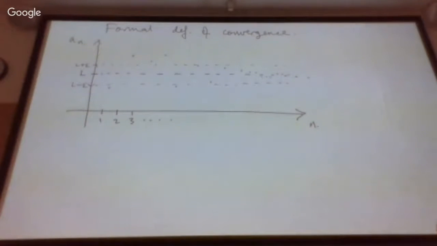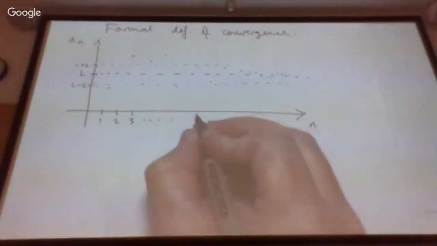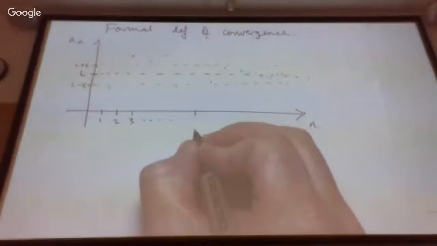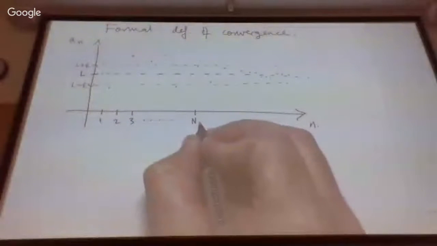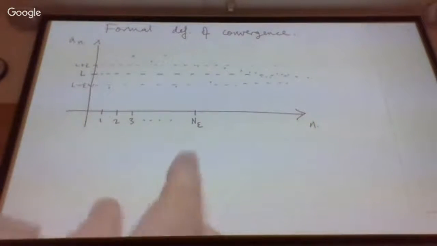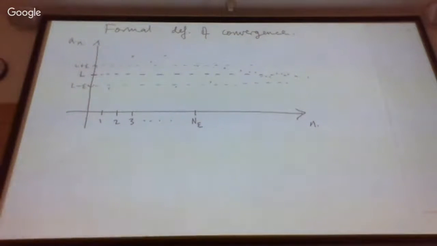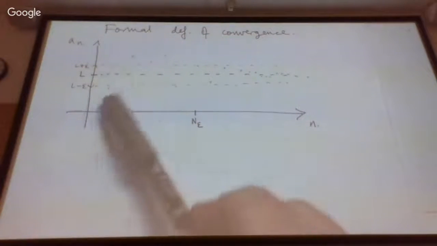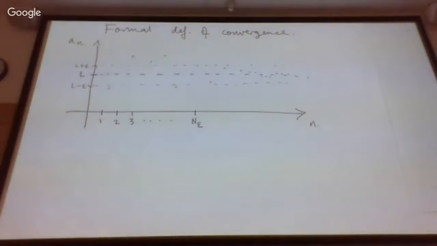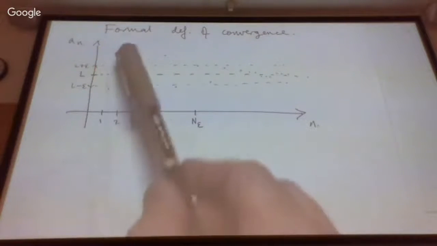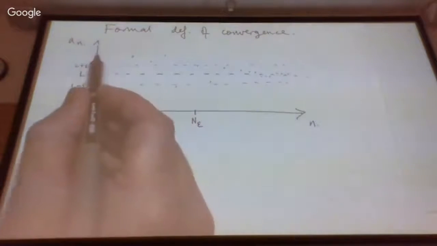Now, as suggested in the diagram, that value of n would be located around about there. Because before this value, some points of the sequence are not within the distance epsilon. They're further away from L. They're right here.